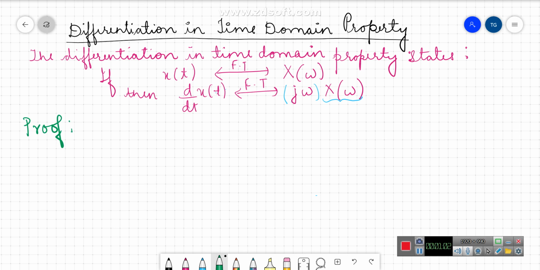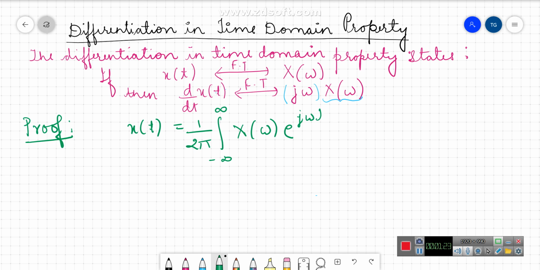So proof of this. We know by the definition of inverse Fourier transform that x of t is equal to 1 by 2 pi integration minus infinity to infinity X of omega e to the power j omega t d omega.